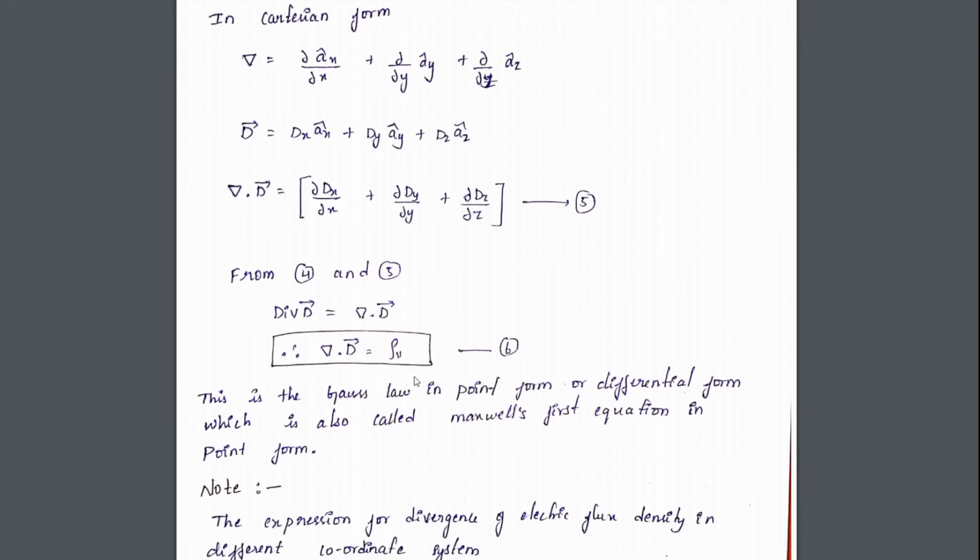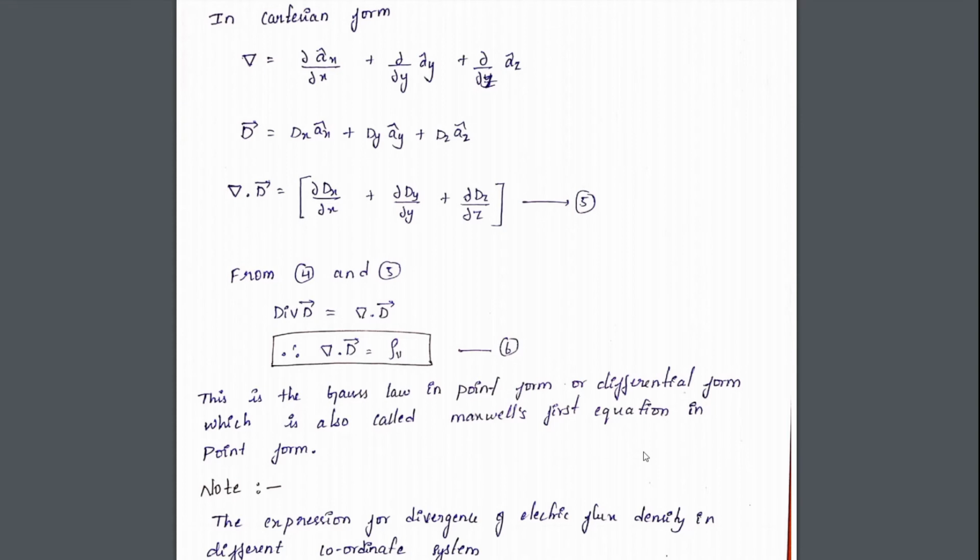Divergence D is equal to del dot D, that is equal to rho V. This equation 6 is called Gauss law in point form or differential form, or it is also called one of the Maxwell's equations in point form. I hope all of you understood how to arrive at this.